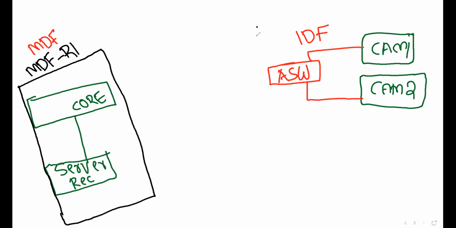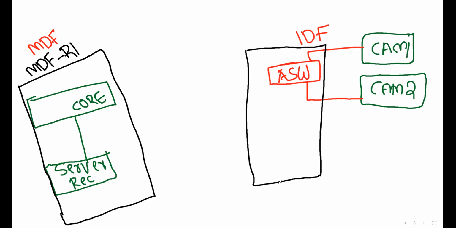And here, this is the name of the rack, IDF rack 2. When you define a name for any device, rack or room, there is a legend.